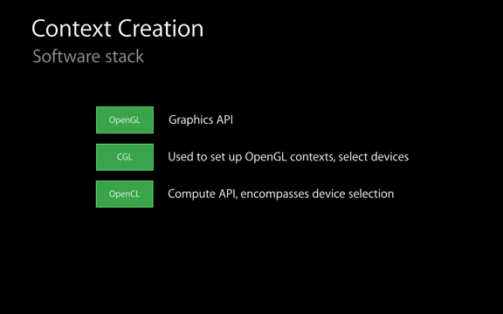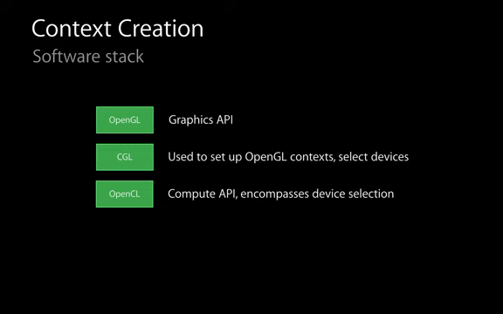OpenGL is our graphics API, and like I said before, CGL is a Mac platform API, and we use it to set up our OpenGL context and to select devices in the system and get some information about the hardware that's in the system, the devices and the renderers.